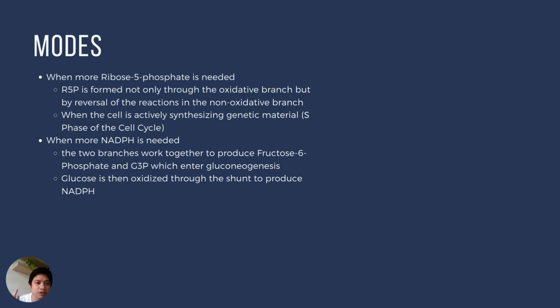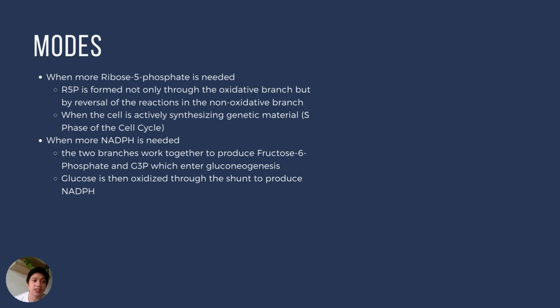And as you have observed, glycolysis is linked to the pentose phosphate pathway. So you can even take away reactants or intermediates of glycolysis and feed them through the pentose phosphate pathway to produce ribose 5-phosphate. Again, the first mode, when you need a lot of ribose 5-phosphate, the oxidative branch proceeds faster and you reverse the non-oxidative branch to form ribose 5-phosphate.